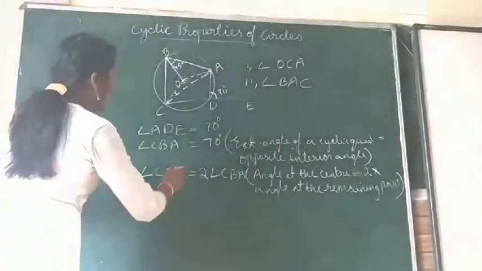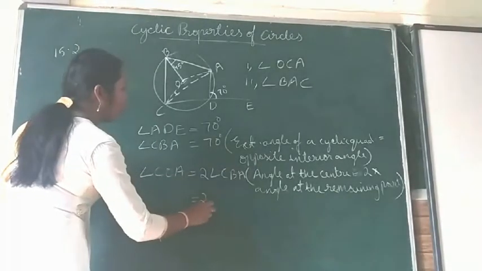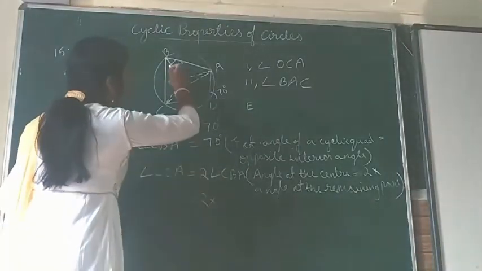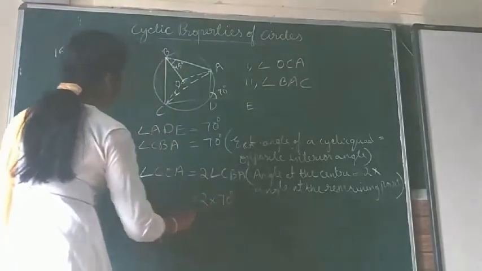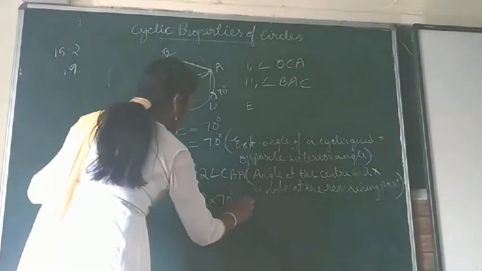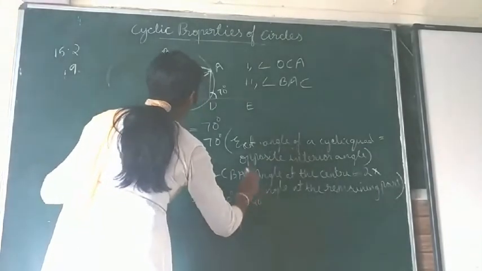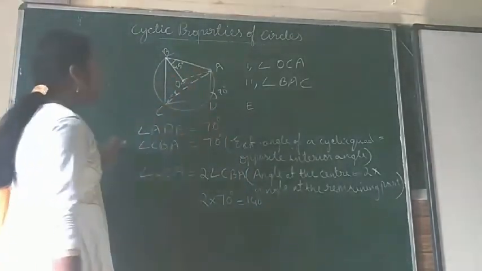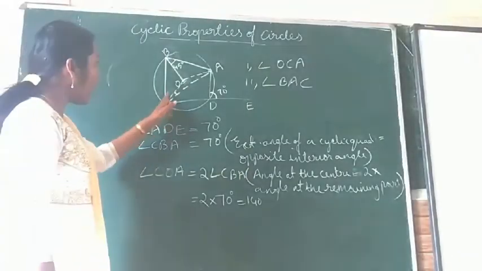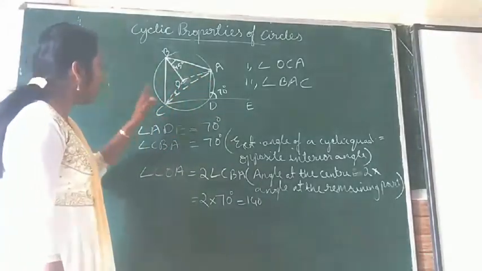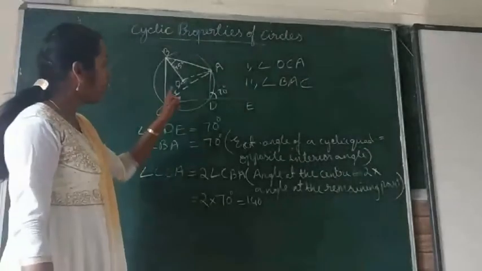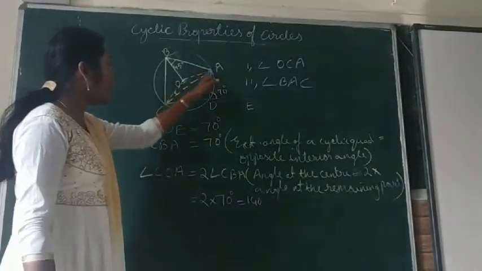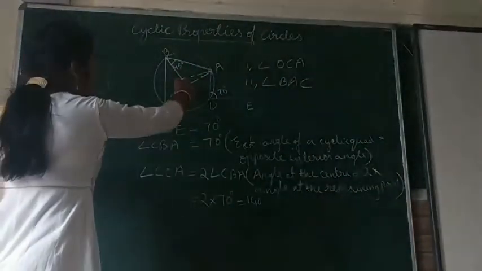Hence, angle COA is equal to 2 into 70 degree, that is equal to 140 degree. Triangle COA is an isosceles triangle because OC is equal to OA. They are radii of the circle, therefore triangle COA is isosceles and the vertical angle is 140 degree.